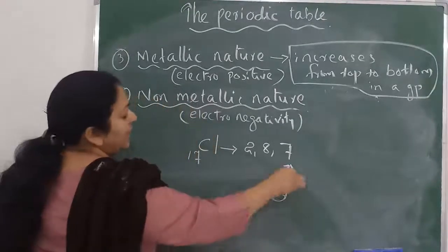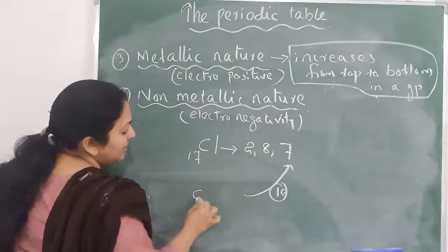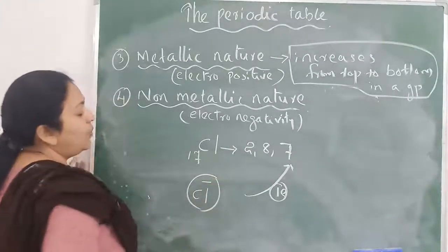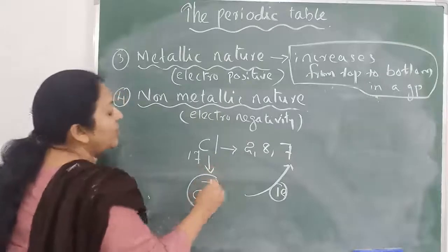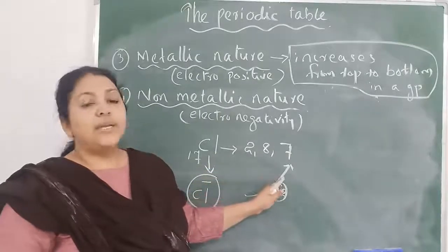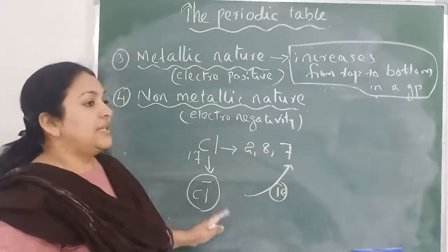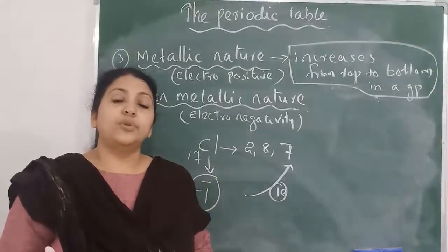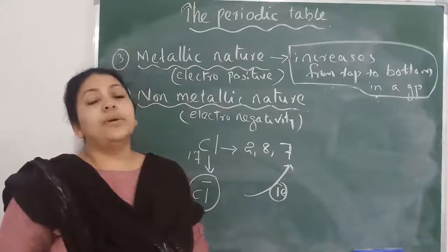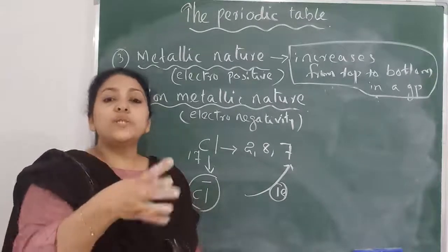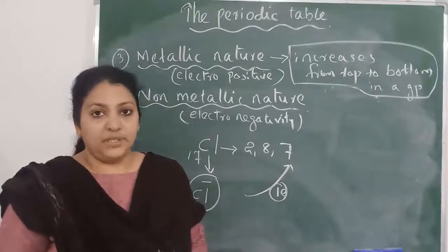After gaining one electron, chlorine will become a chloride ion, isn't it? So that capacity, the ability of an atom to gain electrons, is called electronegativity, and the ability of an atom to lose electrons is called electropositivity.